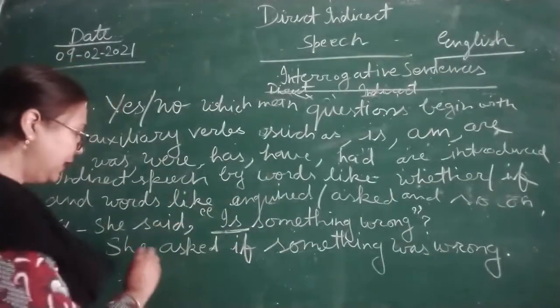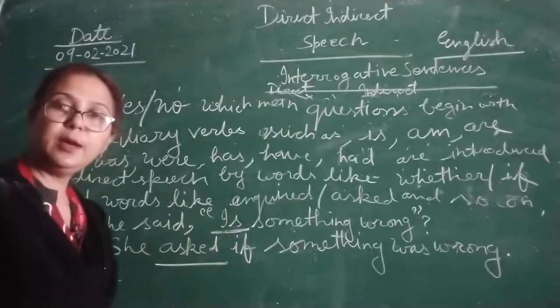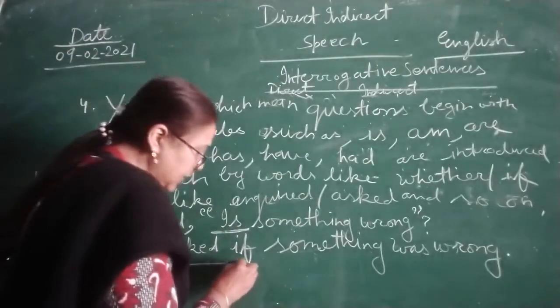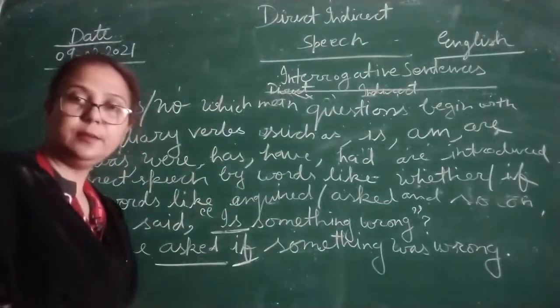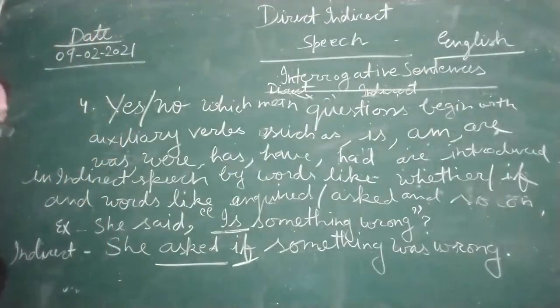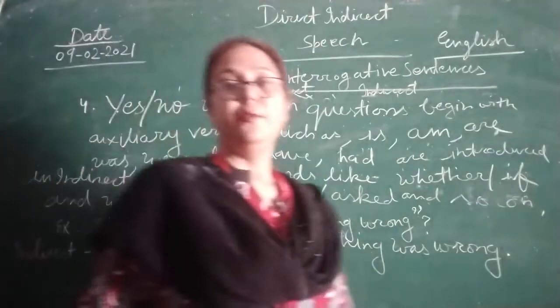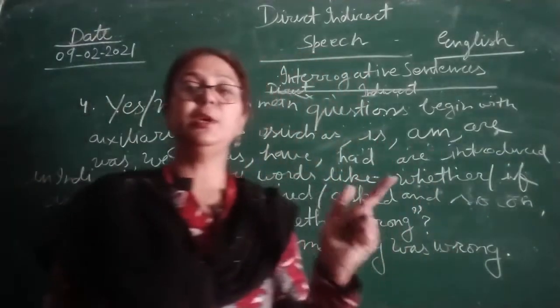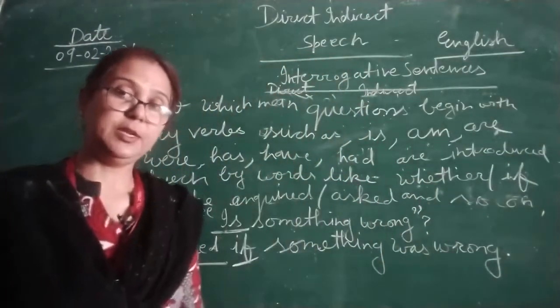Asked and inquired we place in the reporting verb, and after that we will start with if or whether. Okay children, this is also an important rule when we are making direct to indirect speech in interrogative sentences.